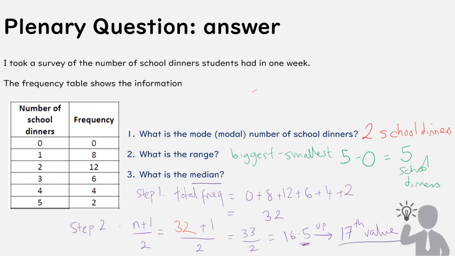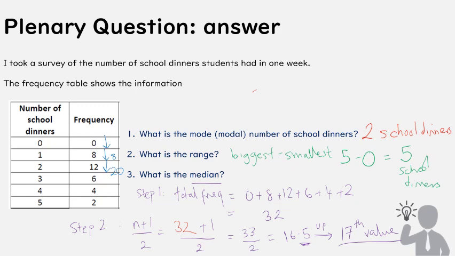I'm looking for where the 17th value lies in our table. So here we've got 0 people. Here we've got 8. So the first 8 people would be lining up there. Then after the end of this group, we've got 12 more people. So at the end of that group, we've got 20.